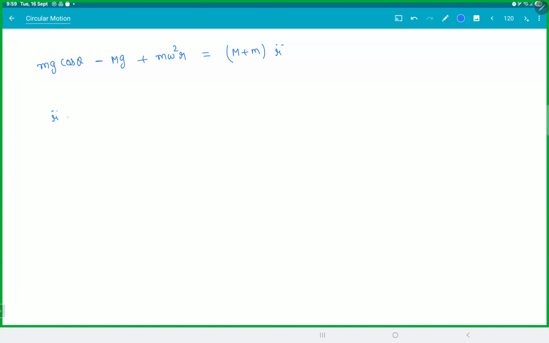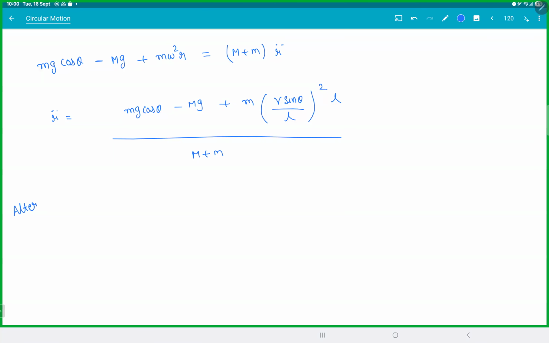So R double dot, this is the acceleration of this. This will be mg cos theta, which I know. Capital Mg we know. Omega is nothing but V sin theta by L, and this is L. That also we know, divided by M plus m. There, we got R double dot. This is the acceleration of the thing. Technically, this is how you do it, but there's a faster way.